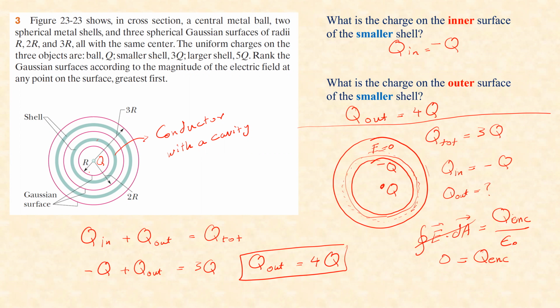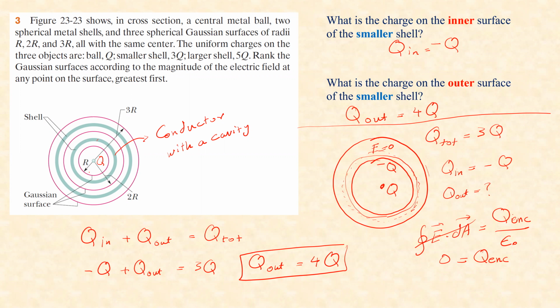And on the outer surface is the balance. Whatever is left goes on the outer surface. So negative Q is on the inner surface, 4Q is on the outer surface. Does it make sense? Yeah, that makes sense. All right, thank you. You're welcome.